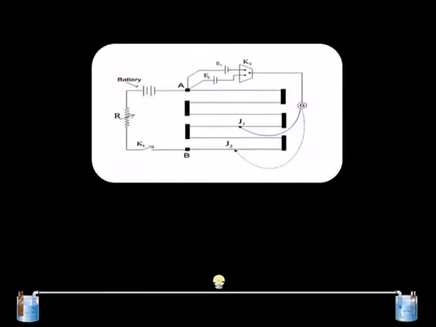The experimental setup required for computing the EMF of a cell using the potentiometric method can be shown as, you can see here, the circuit which is required. We have a potentiometer from A to B, and we have two cells E1 and E2, and the potentiometer is connected to a battery through a resistance.